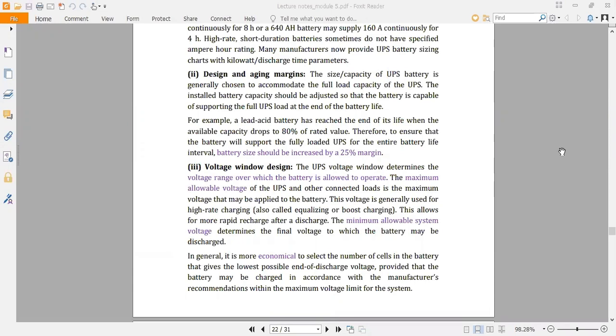Okay. That is the meaning of this voltage window design.